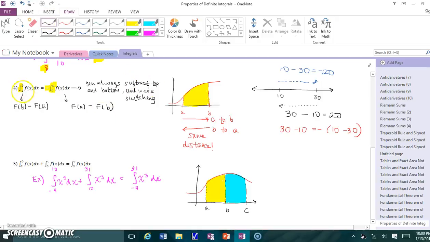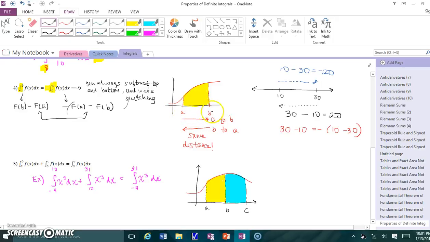So in this case, this integral would be uppercase F of b minus uppercase F of a, so the antiderivative of b minus a when you plug it in. Here, this would mean F of a minus F of b. The only way for these two to be the same is if you make this the opposite of the whole thing.